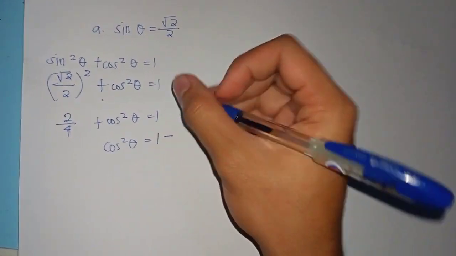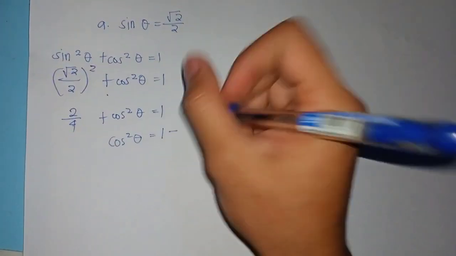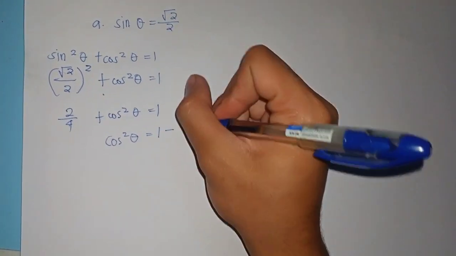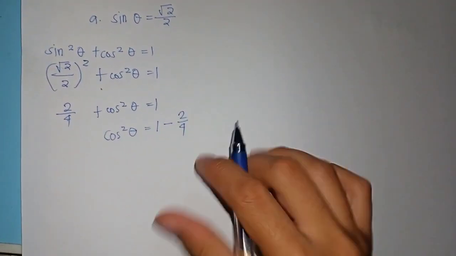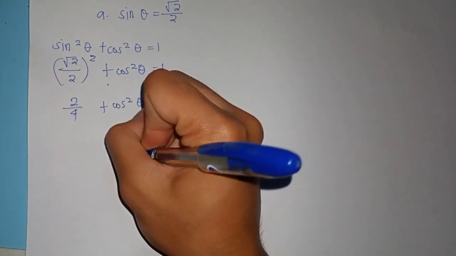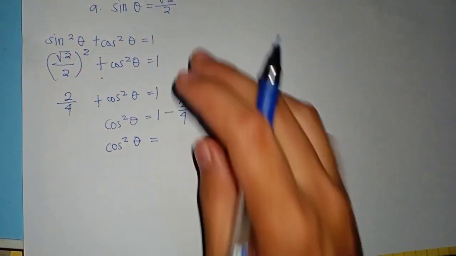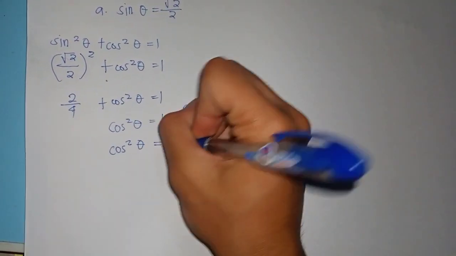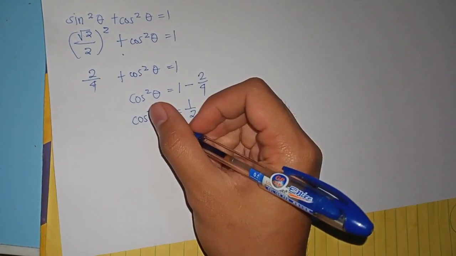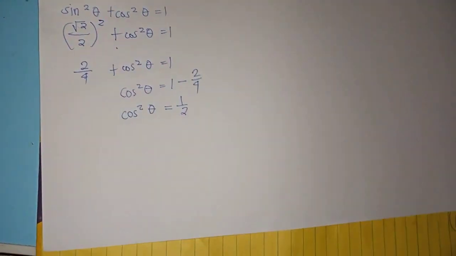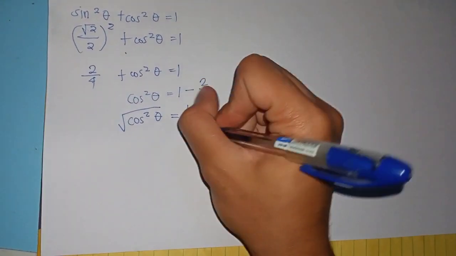So cosine squared theta is equal to 1 over 2. To remove the square on the cosine, we need to take the square root of both sides.